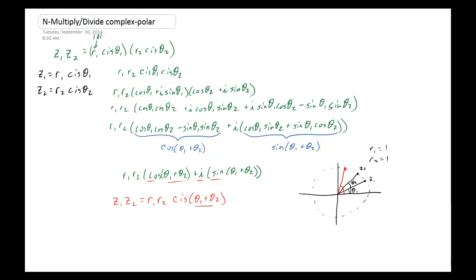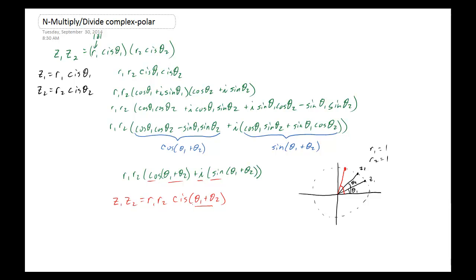Just kind of an interesting concept, but that's what's going on here. Okay, so just in summary, we noted that if we multiply z1 and z2, then what we end up with is the two magnitudes times cis of theta 1 plus theta 2.